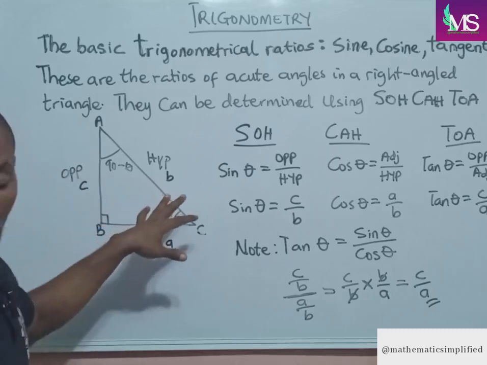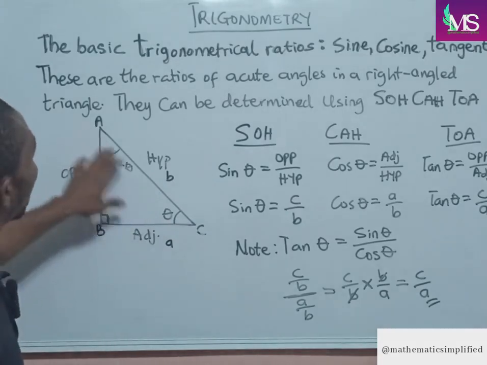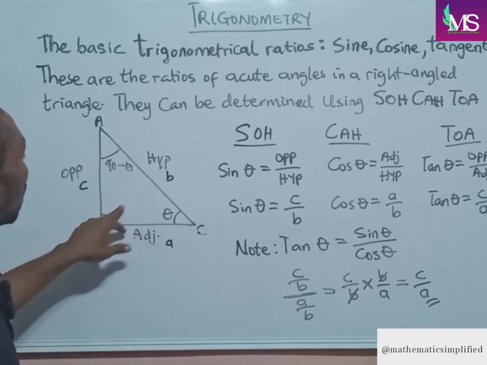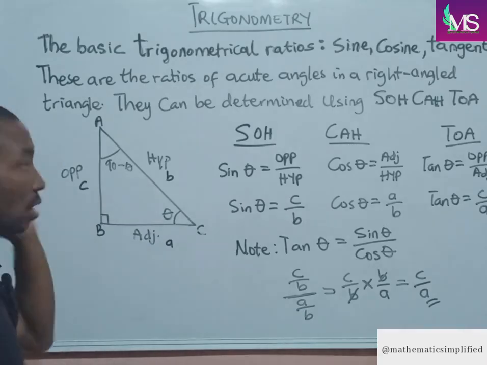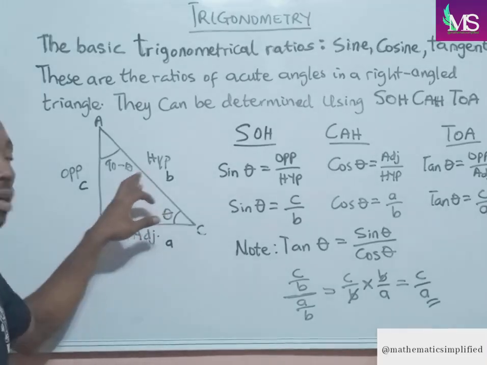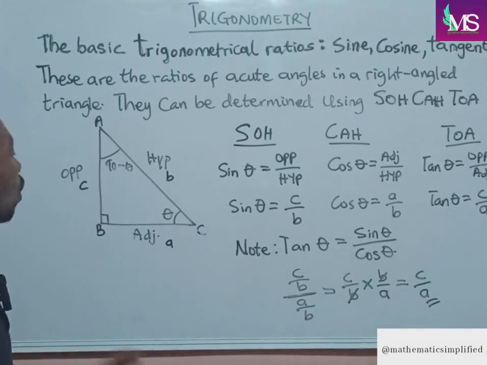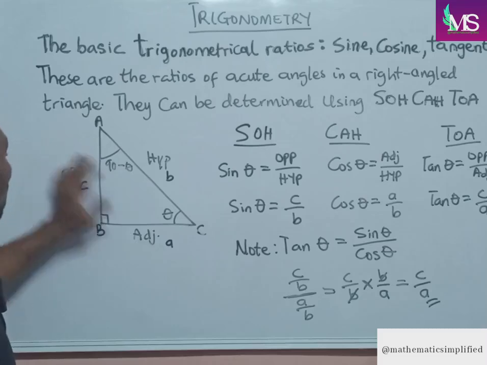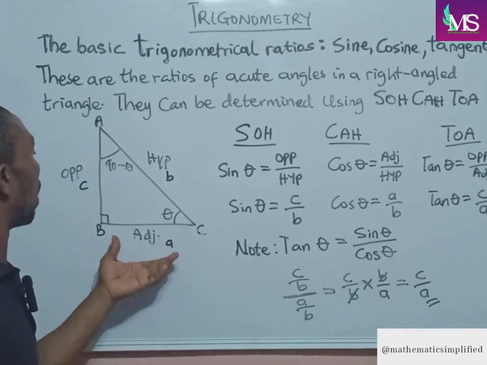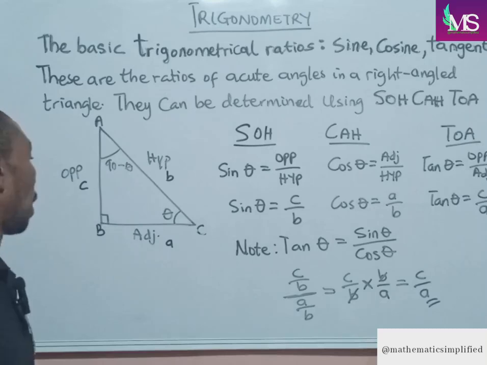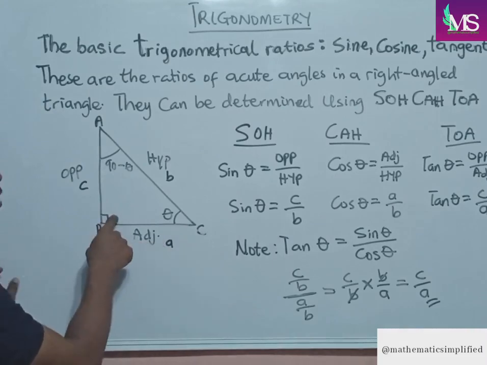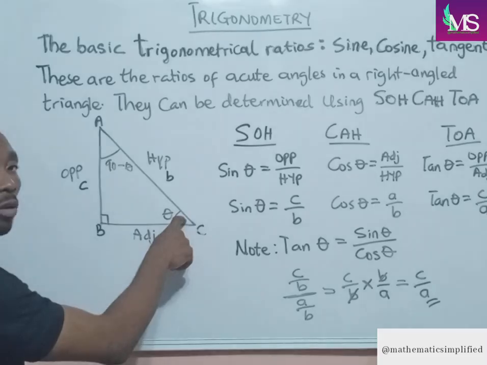Now, we can define our hypotenuse as the longest side of a right angle triangle, or the side facing the 90 degrees. So whichever side faces the 90 degrees of our right angle triangle is our hypotenuse. Opposite and adjacent can easily be interchanged depending on where the acute angle is.